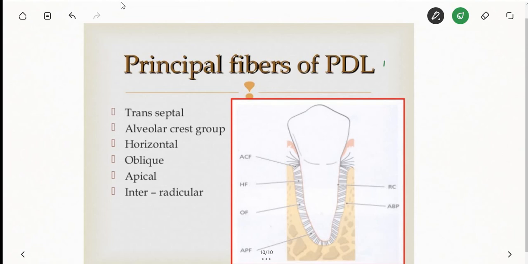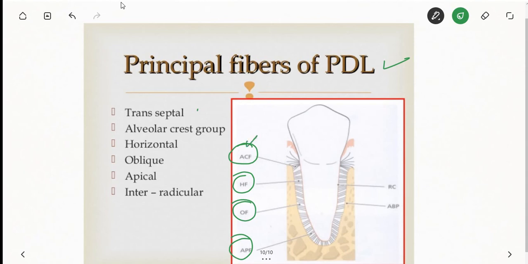So the principal fibers that are present in the periodontal ligament are arranged in 5 pattern groups. What are those? Number 1 comes the transseptal fibers. Second, alveolar crest fibers, horizontal fibers, oblique fibers, apical fibers, and interradicular fibers.